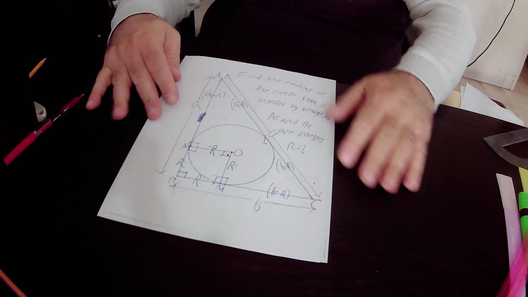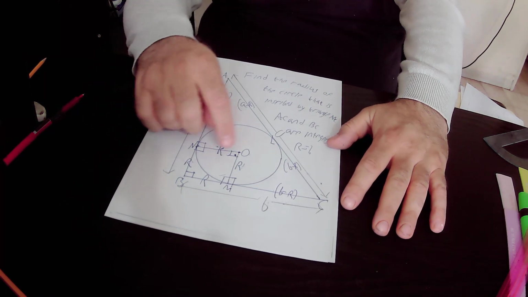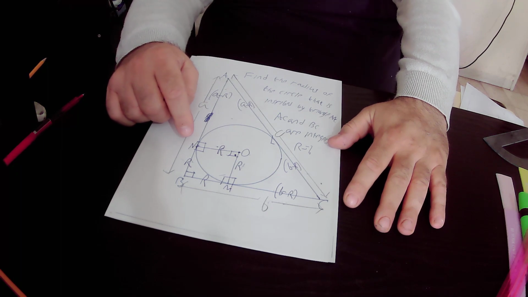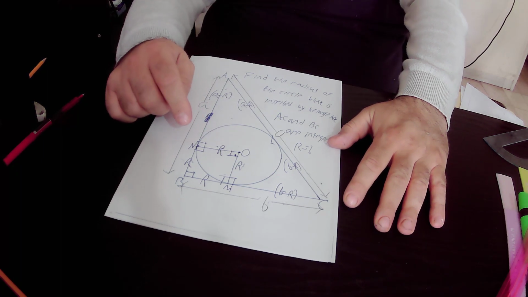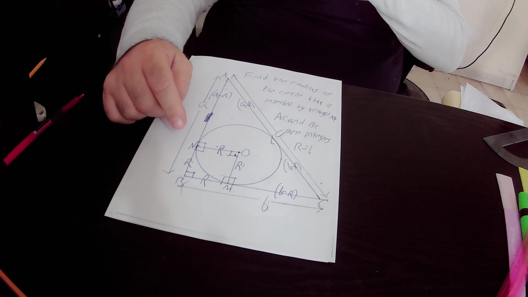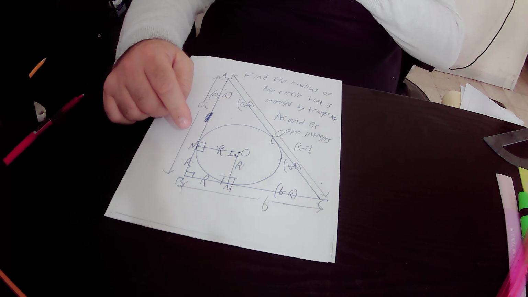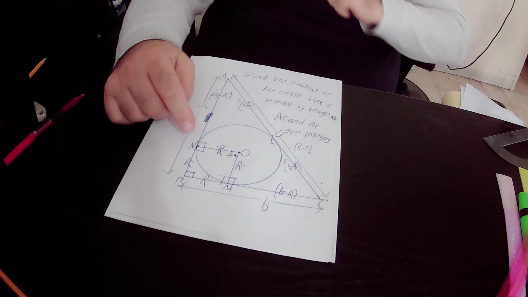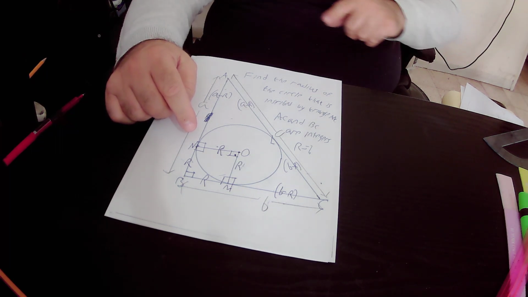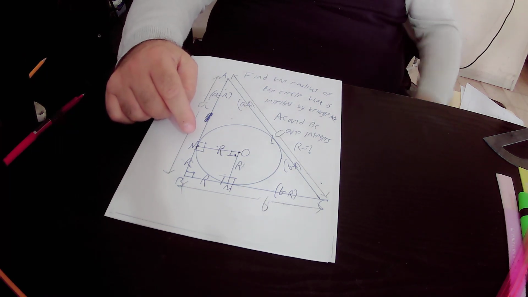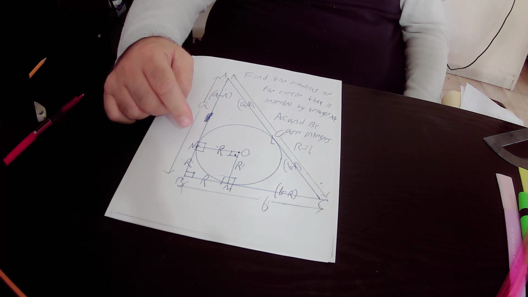Inside this right triangle ABC, we have this circle, and we find the radius of this circle. By finding the radius, we will develop a formula that is true for any right triangle. So we'll implement the new formula in our two right triangles.